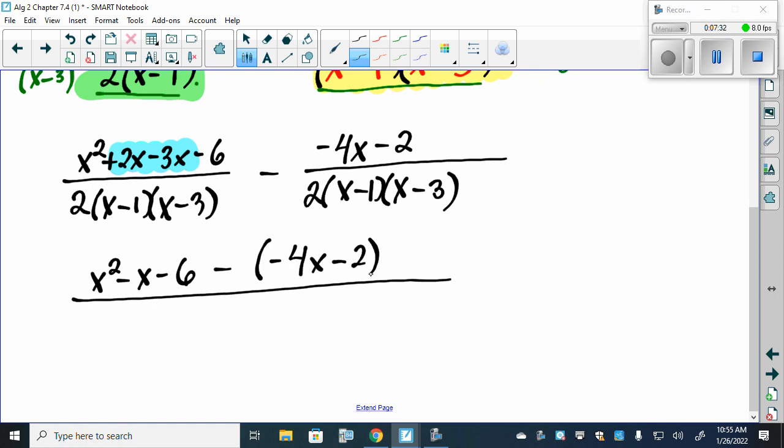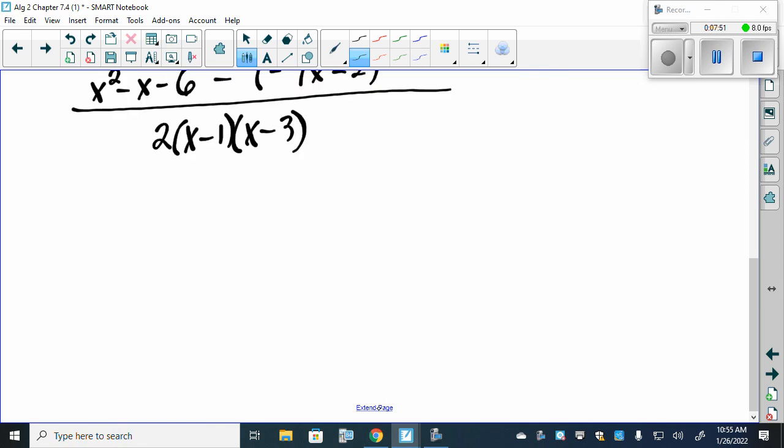Because for some of the other hours when we covered this problem yesterday, we rewrote it with combining like terms and then had another step for actually having them be subtracted. And this is all over 2 times x minus 1 times x minus 3.